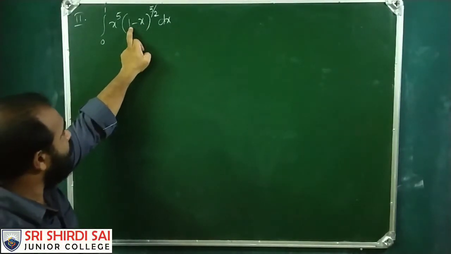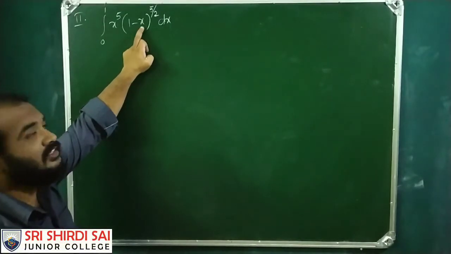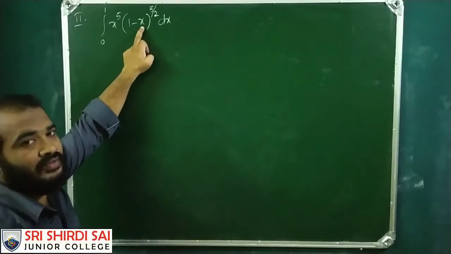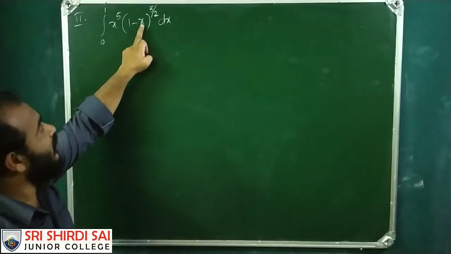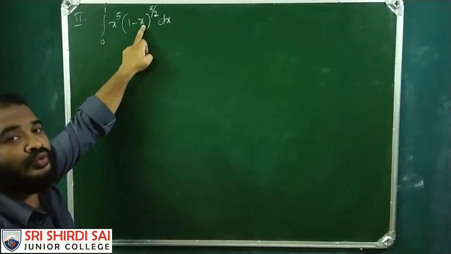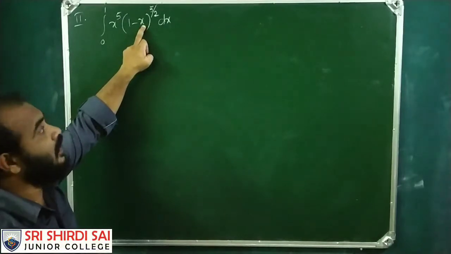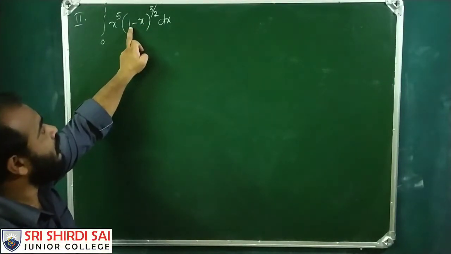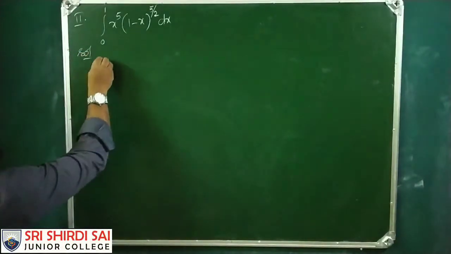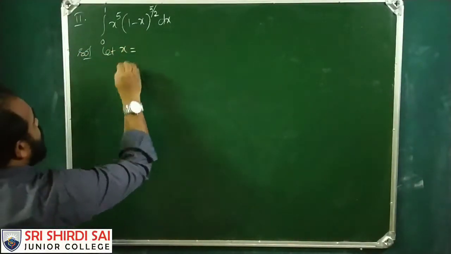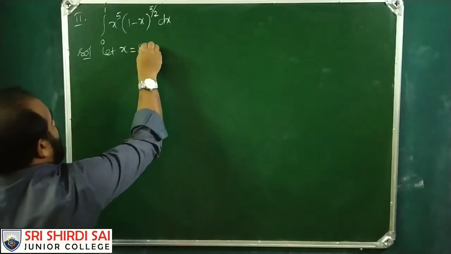If 4 minus x is there, x is 4 sine square theta. Likewise. Okay? So now listen, solution: let x equal sine square theta.